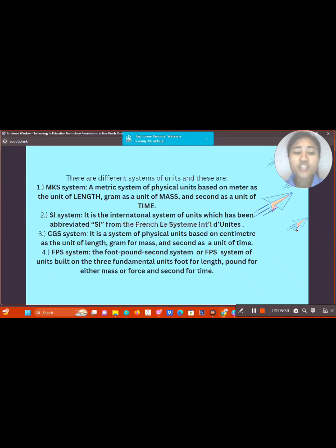The third is the CGS system, which stands for centimeter for length, gram for mass, and second for time. And last but not least, the FPS system, where F stands for foot, P for pound, and S for second. If you're wondering why in these systems there are only three primary dimensions and temperature is not included, it's because temperature is absolute and cannot be measured or identified in the same way.